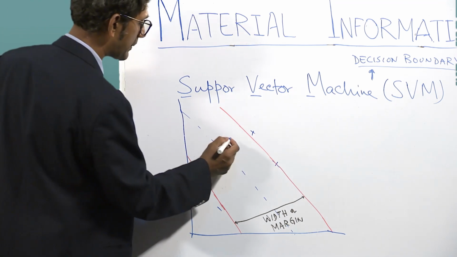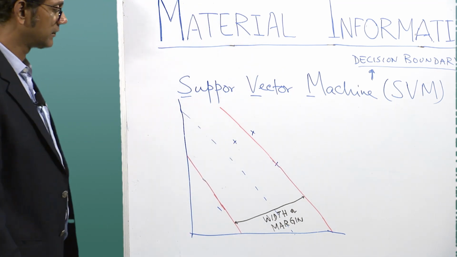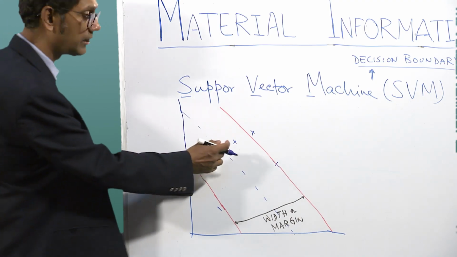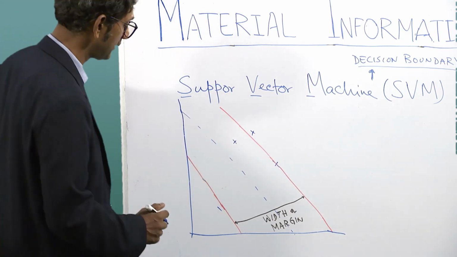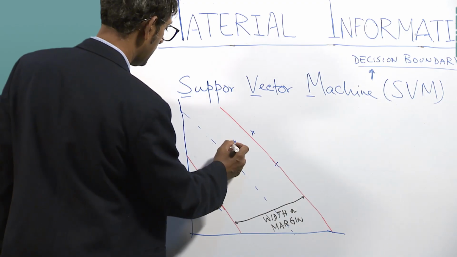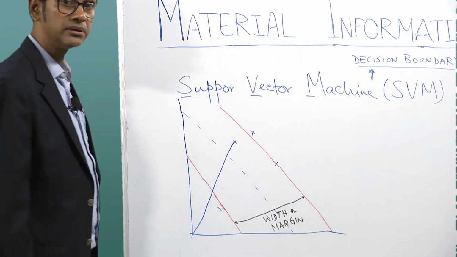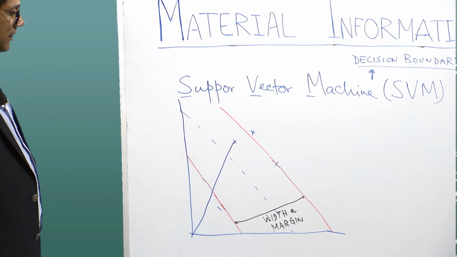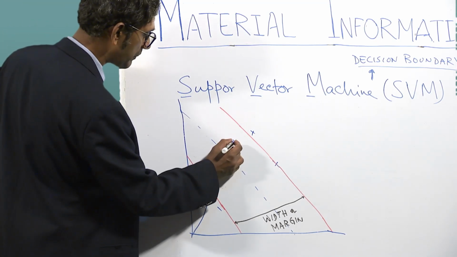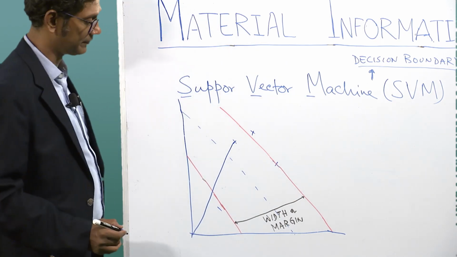Let us say I have a data point here, and that obviously belongs to positive, right. So what I do, very simple, I simply draw this line like this, correct. So now this is simply the connection of this point with the origin.